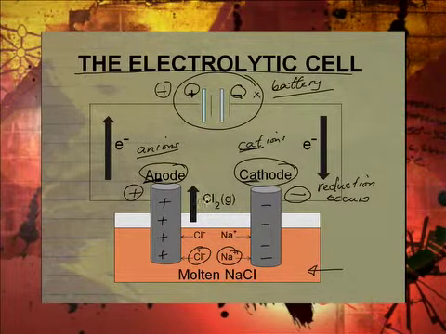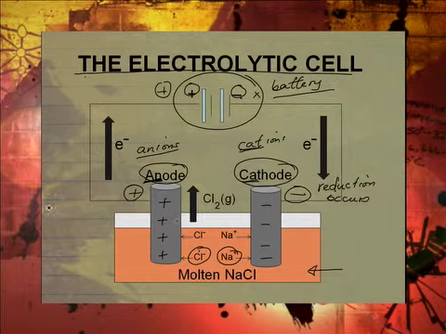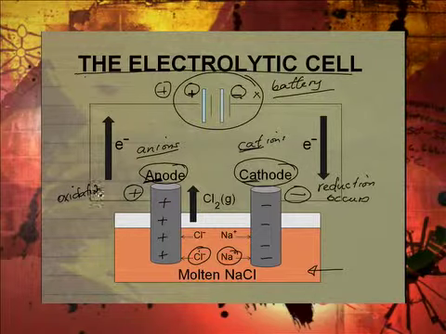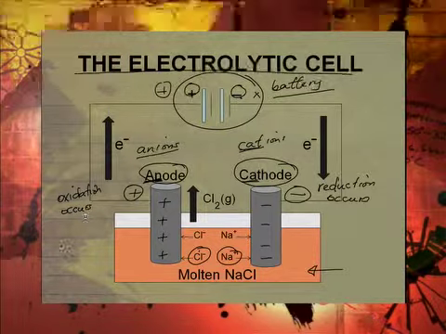But simply defined within redox terminology, we call the anode the electrode where oxidation occurs. Now, how does that oxidation occur? Let's look at it.